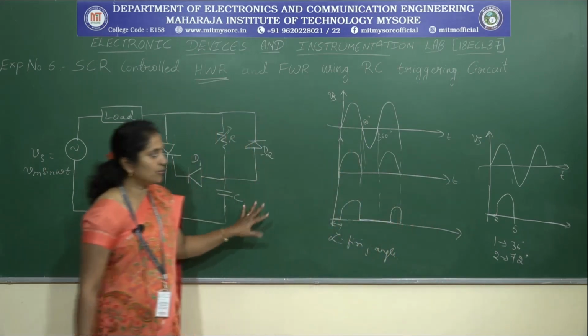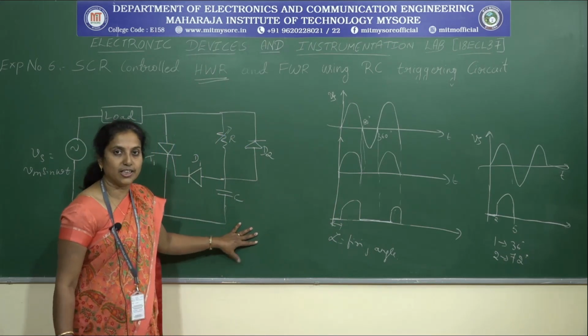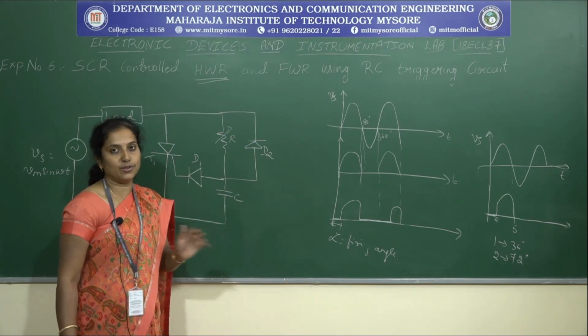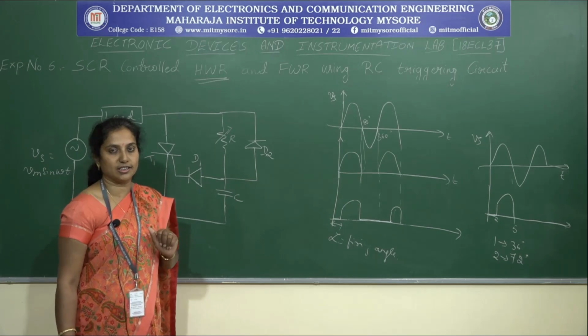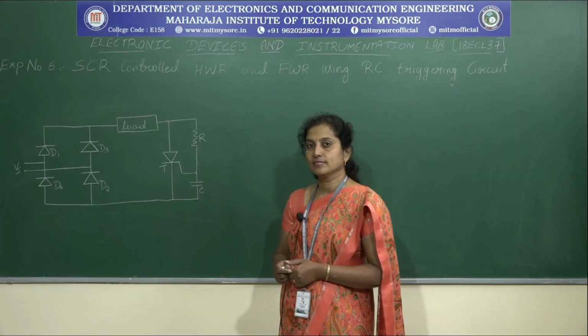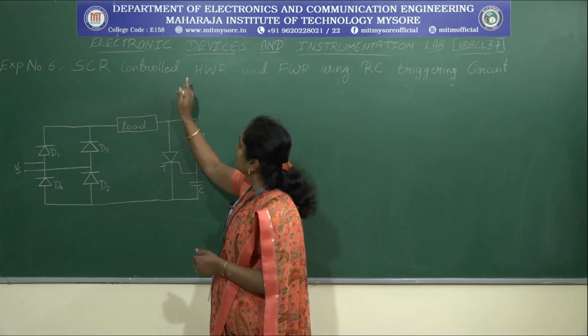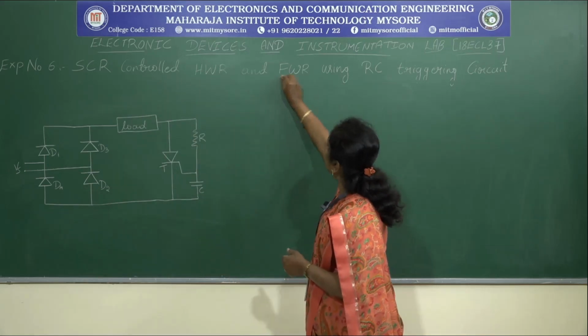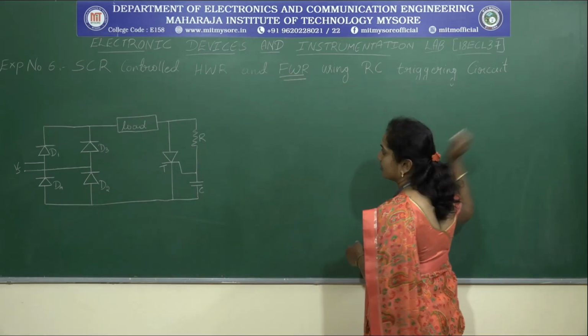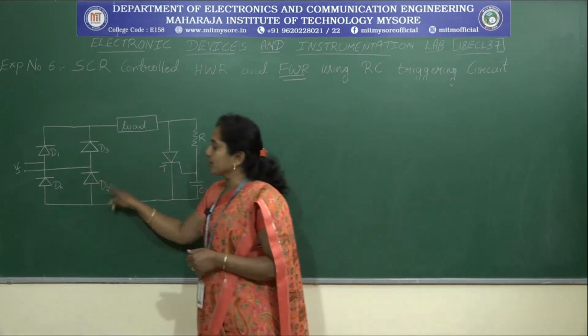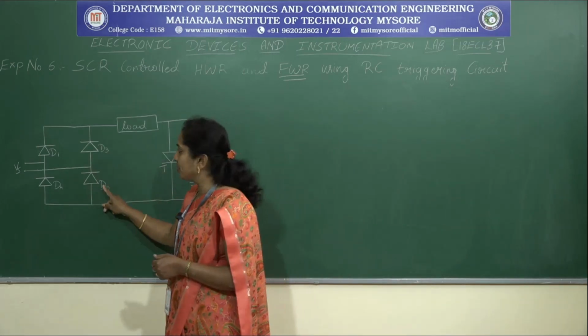I hope you have understood the half wave rectifier. Now we will go with the full wave rectifier circuit using RC triggering. This is the SCR controlled full wave rectifier using RC triggering circuit. In the full wave rectifier you have the bridge circuit here.